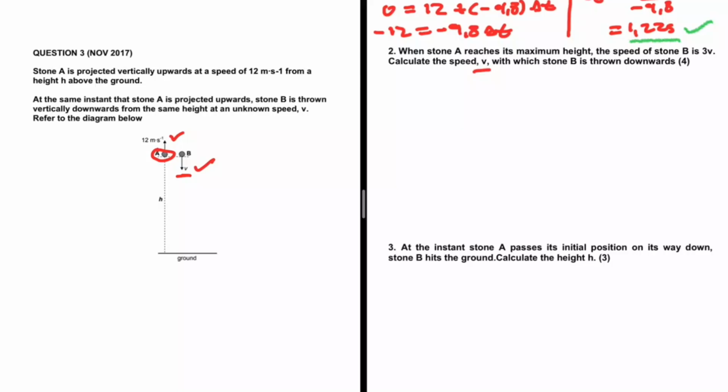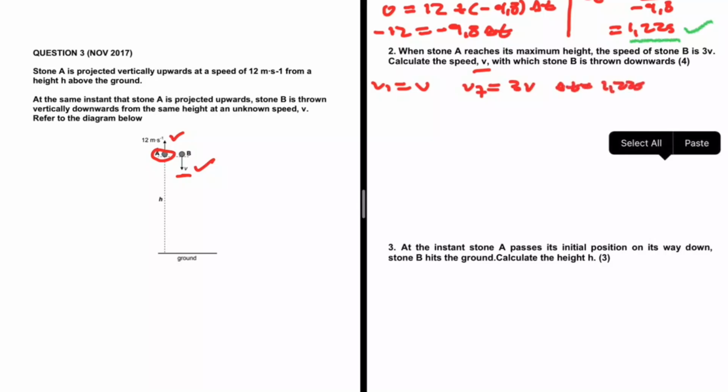As you can see, this is not a usual style of questioning we come across. We have to deal with variables, right? Vi, the initial velocity of our stone B, is v, and then Vf is 3v. At the instant stone A reaches its maximum height, when delta t is equal to 1.22 seconds, the final velocity of stone B is 3v.